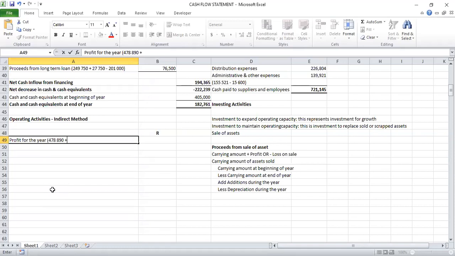rental income 2400 plus investment income 15,300 minus 30,750.